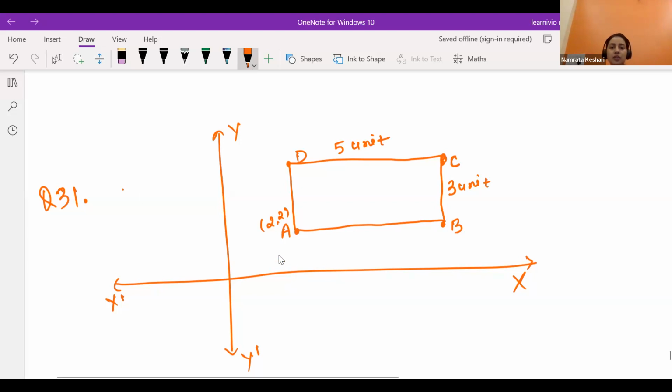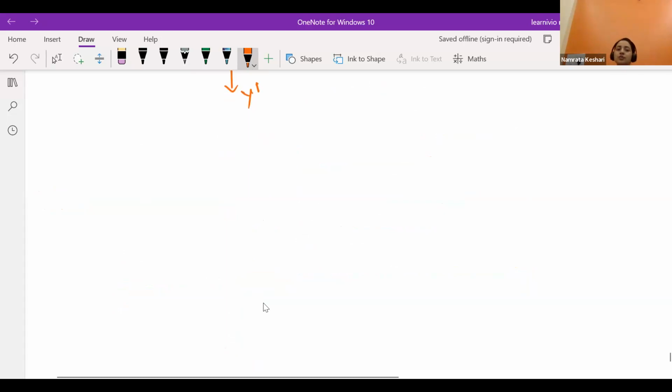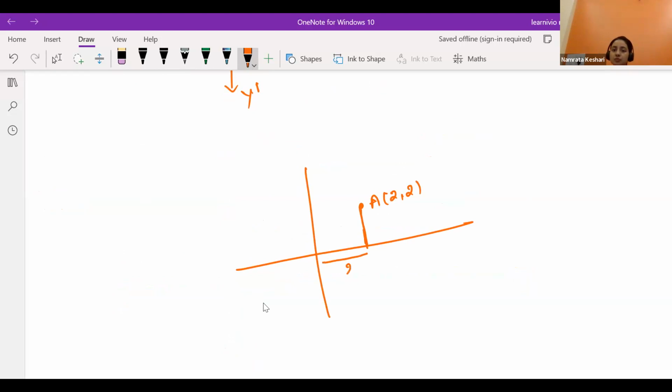Just focus on point A. If there is a point A whose coordinate is 2 comma 2, can we say that this much is 2 and this much is 2 as well?